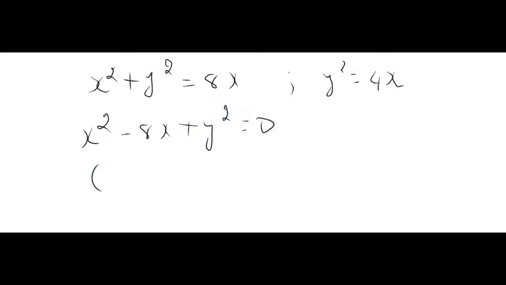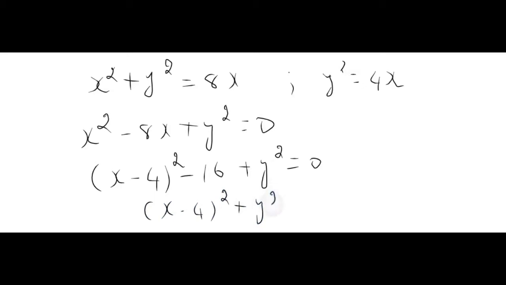Now I can write this as (x minus 4) the whole squared, by adding and subtracting 16, minus 16 plus y squared is equal to 0. The equation of the circle now becomes (x minus 4) the whole squared plus y squared is equal to 16. Clearly, the center of the circle is (4, 0) and the radius is 4.